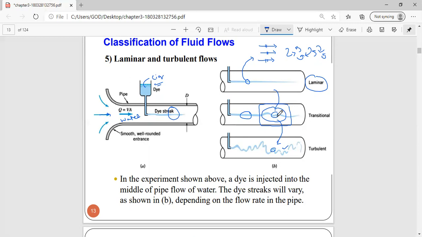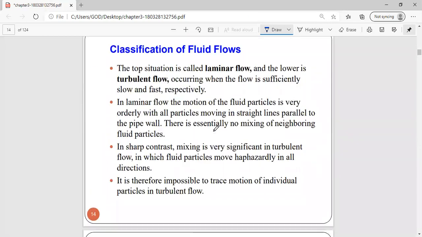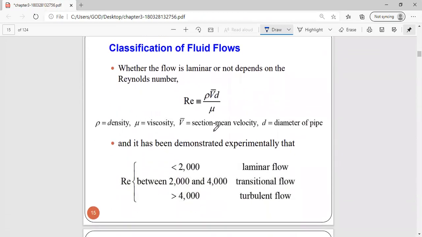How can we decide? For that, a person named Reynolds derived a dimensionless number called the Reynolds number. By using the Reynolds number in a closed conduit flow, we define laminar, turbulent and transition flow. What is the Reynolds number?